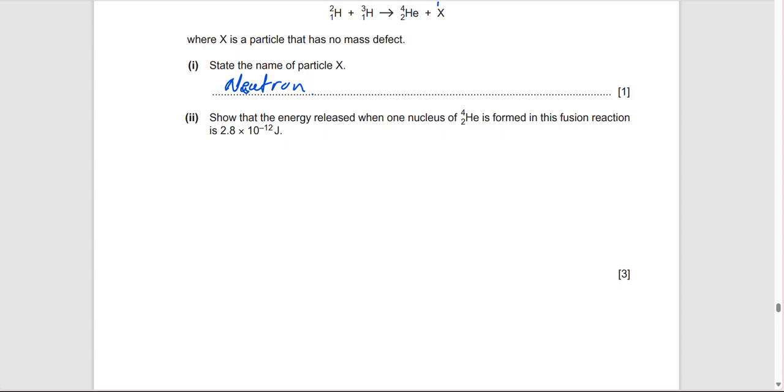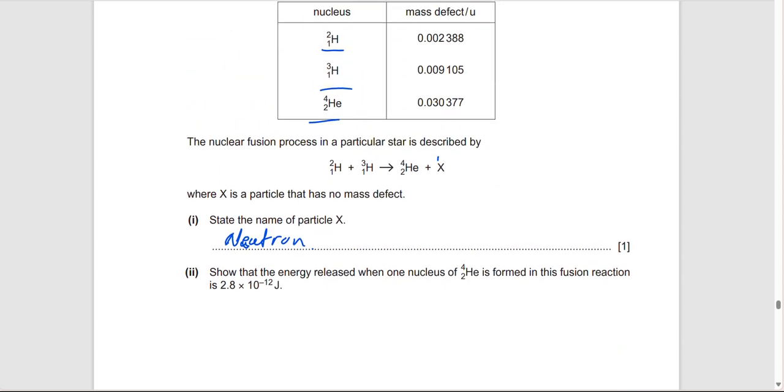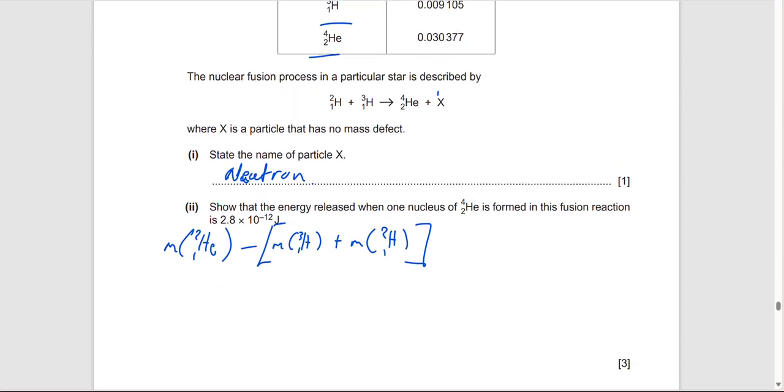And the mass defect is going to be mass of He minus mass of tritium plus mass of deuterium. Right, that's your defect.